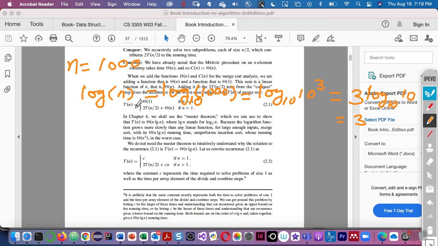So log means base 10, and then there is another one, LG, which means log with base 2. Do you know how much the result of 1000 will be?